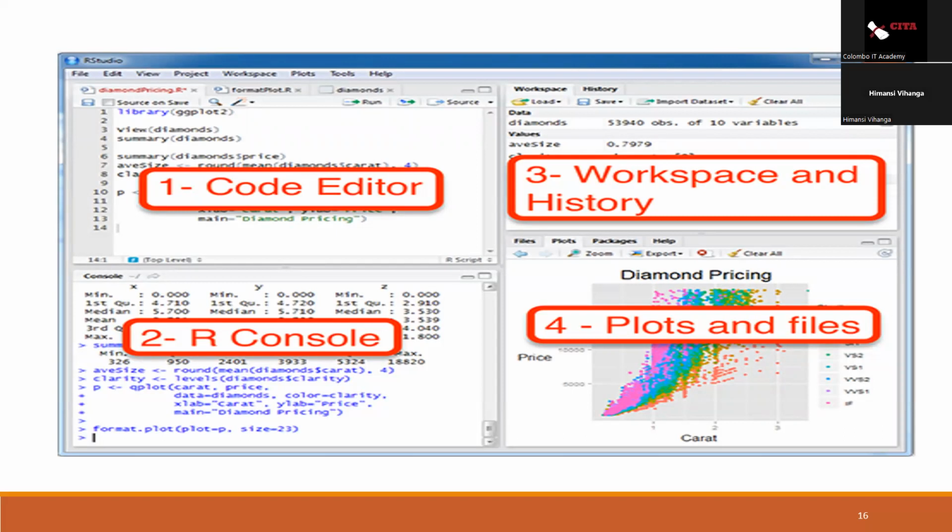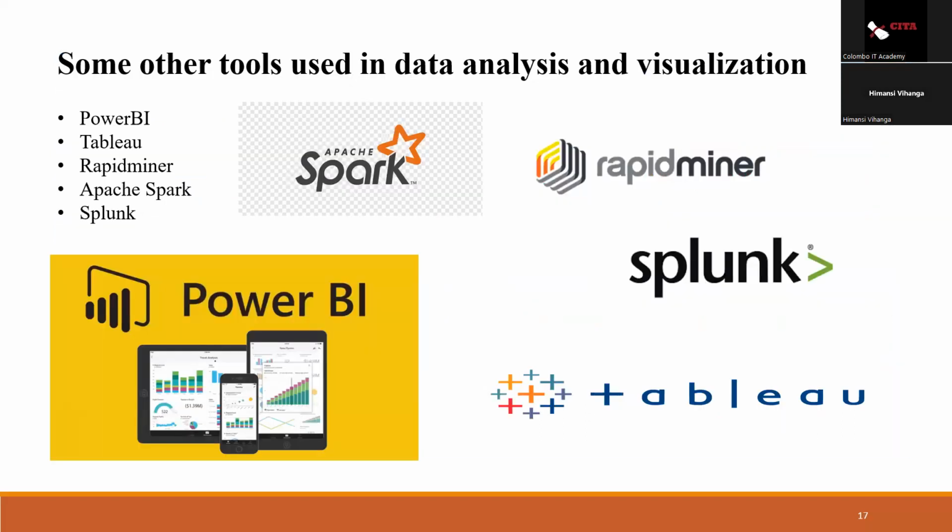Then here I have stated some other tools used in data analysis and visualization: Power BI, Tableau, RapidMiner, Apache Spark, Splunk. But in this course, you are only learning R and RStudio. But you are welcome to learn other statistical software as well.